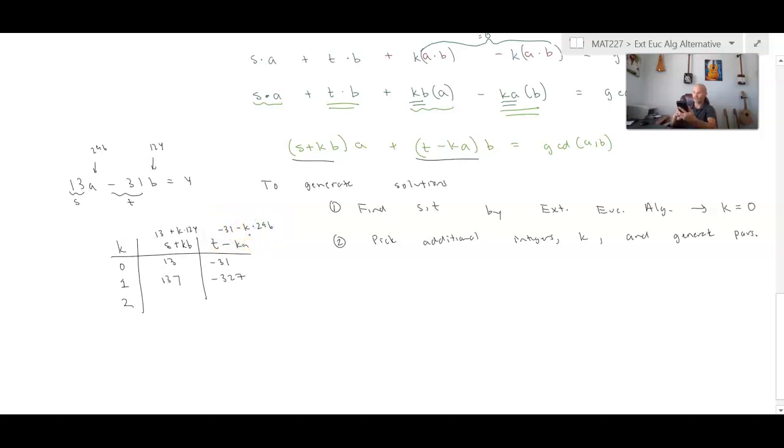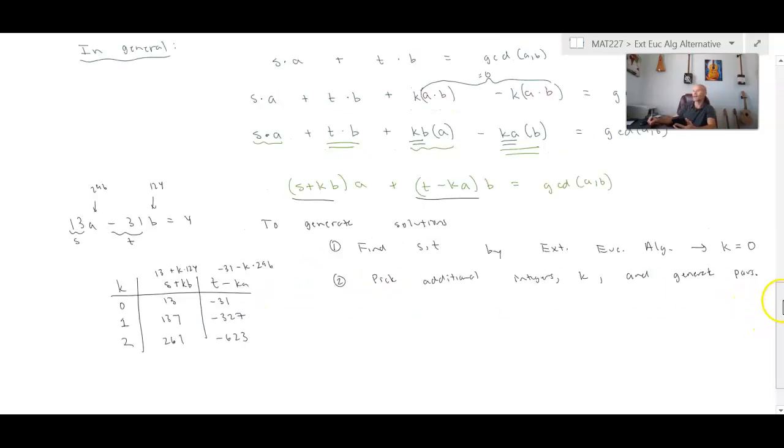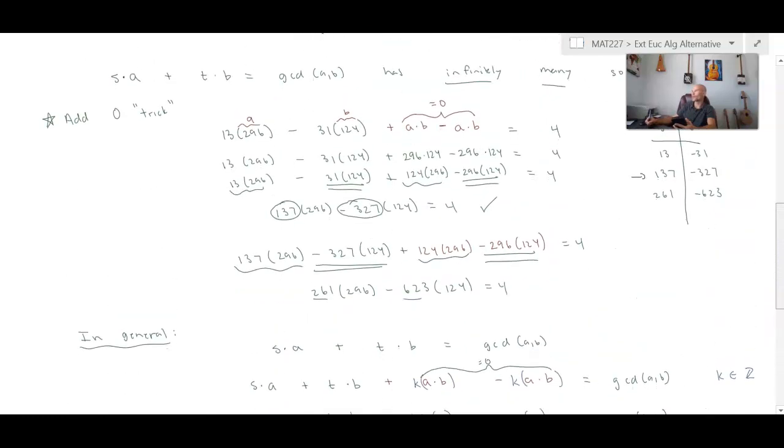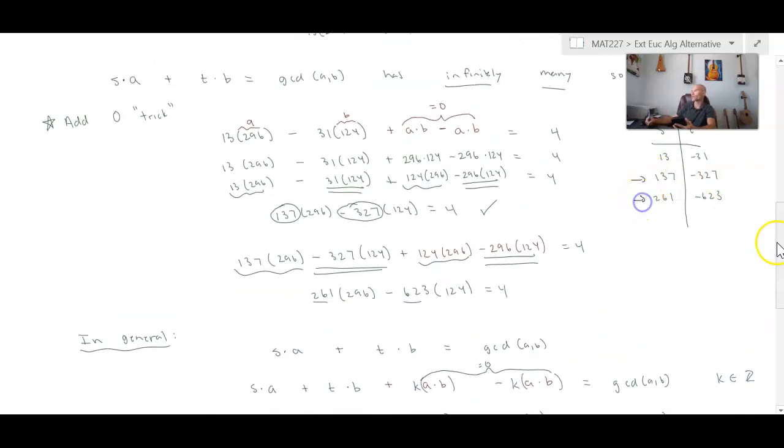So if I take 13 plus 2 times 124, I get 261. And then if I take negative 31 minus 2 times 296, I get negative 623. And let's just check our work up here. We got 261 and negative 623.